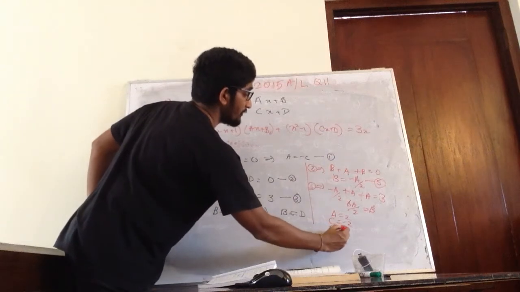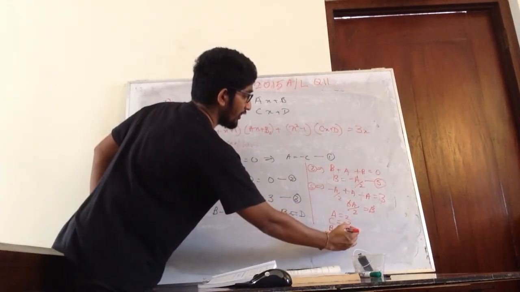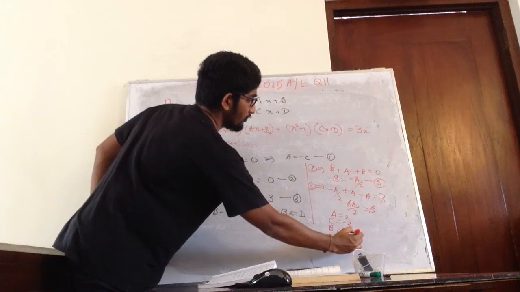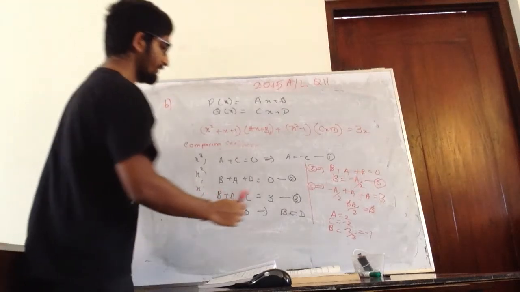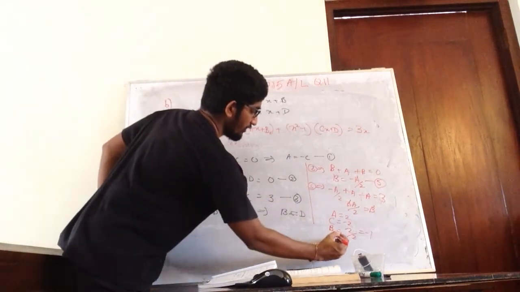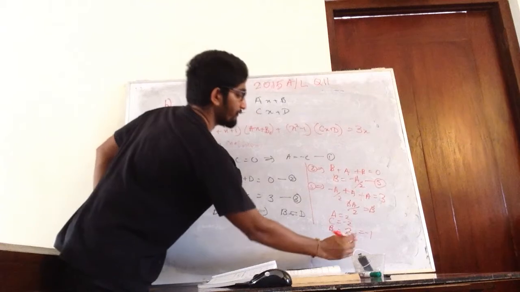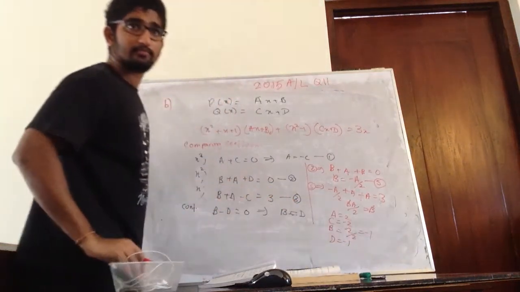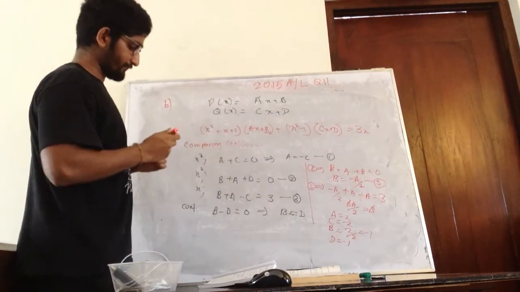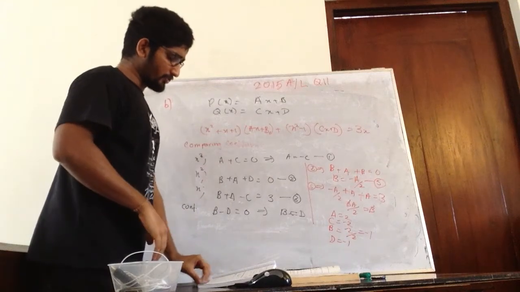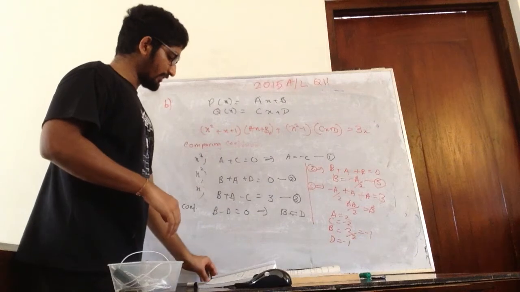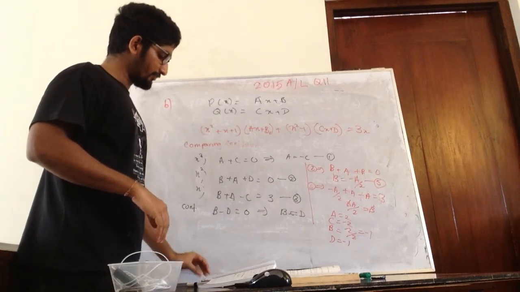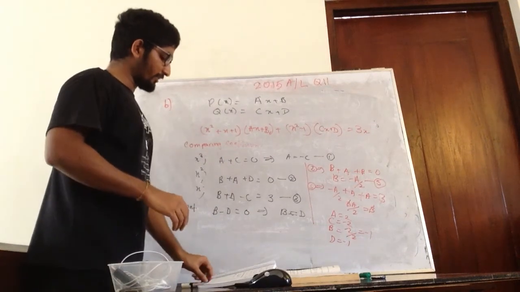D is going to be minus 2 over 2, that means minus 1. Then we know from this that B is also going to be minus 1. So now we can write this down.